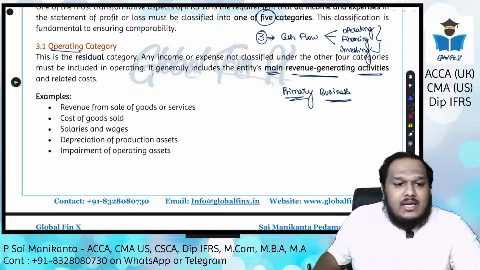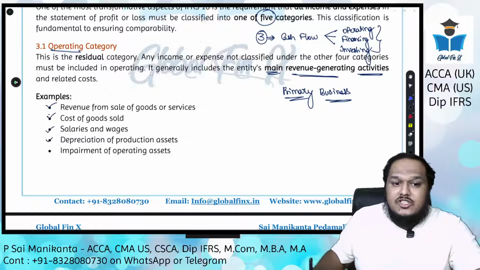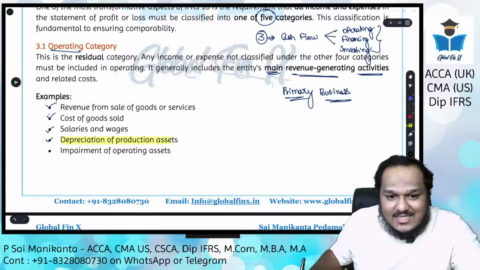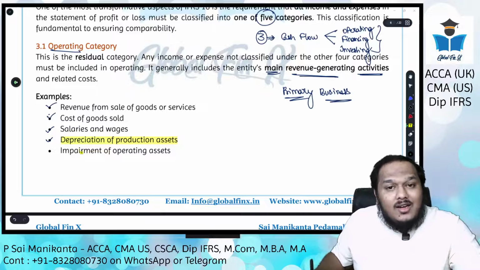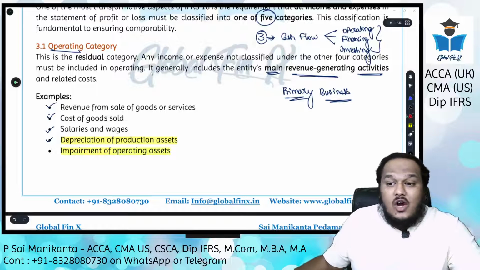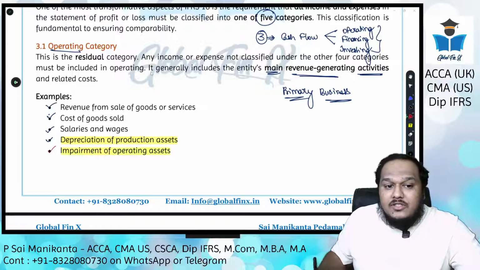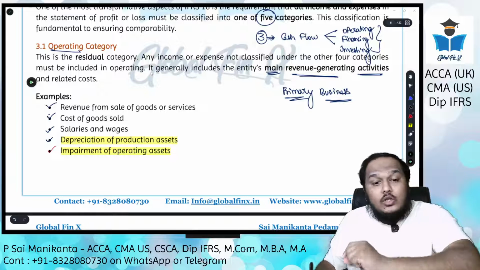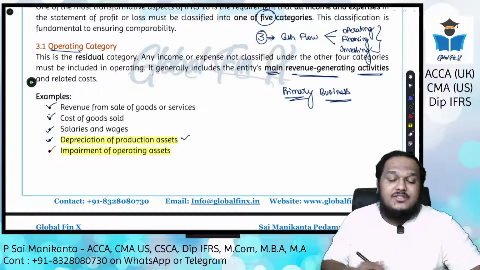Now examples: revenue from sale of goods and services, cost of goods sold, salaries and wages, depreciation on production assets, impairment on operating assets. Sir, not all assets, not all depreciation will be shown in operating, only depreciation related to production assets.